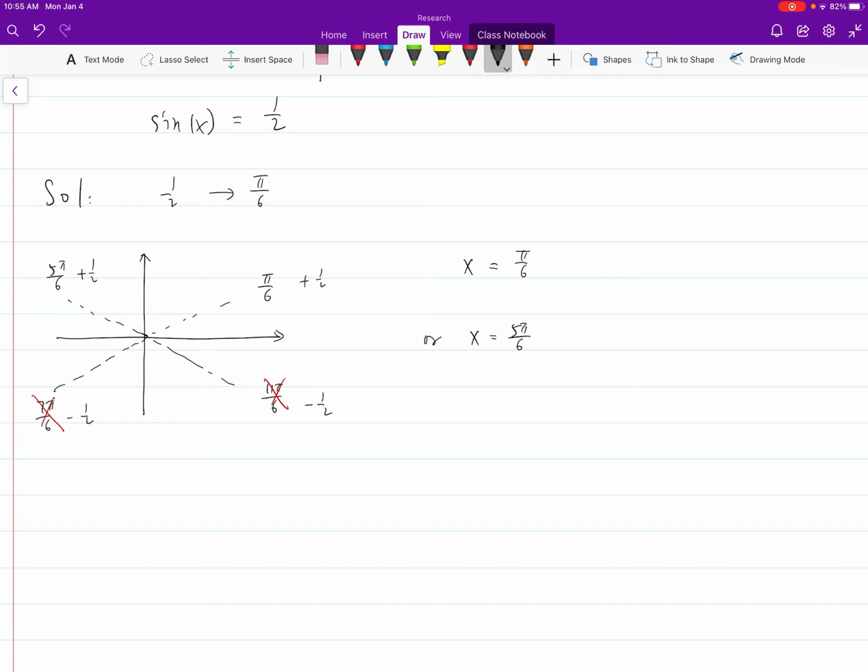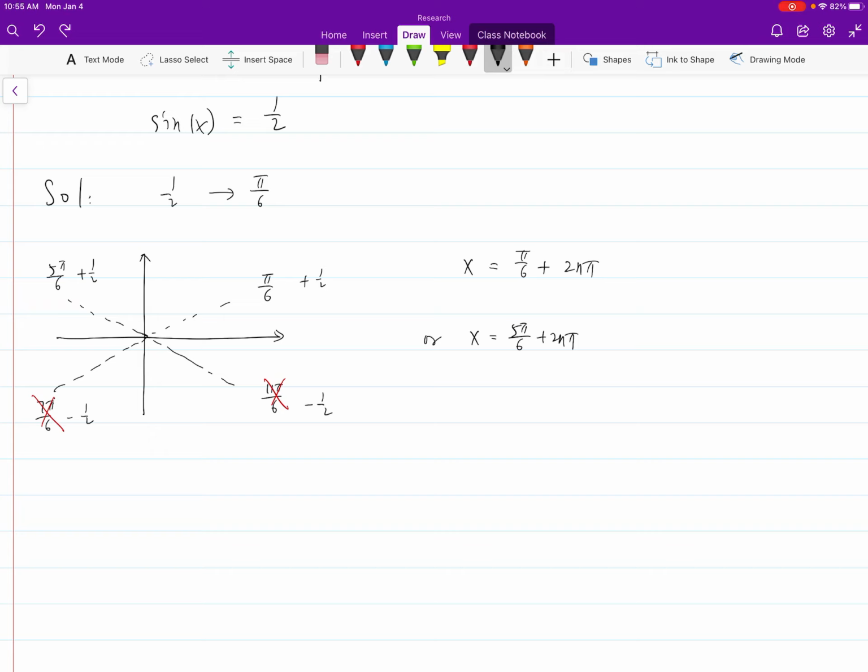Okay, good. Finally, you should add 2n pi to each, because if pi over 6 is okay, then pi over 6 plus another complete cycle of 2 pi, which comes back to the same terminal angle, is also going to be okay. And if you keep adding 2 pi, keep adding 2 pi, they all qualify.